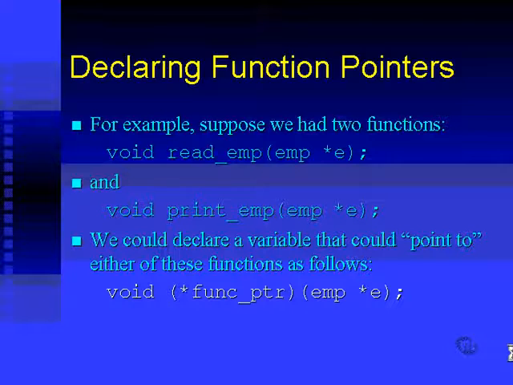See the little asterisk there, the first one in the declaration? Remember how a pointer to an integer reads int star pointer, and this reads essentially void star pointer. So it's a pointer to, well, it's a pointer to whatever the rest of the line reads. So it's a pointer to something that takes one parameter that is a pointer to an employee and that also returns a void.